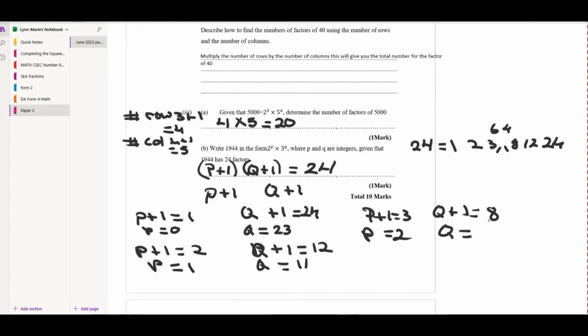Equals to 8, so Q is equals to 7. Then we have P plus 1 is equals to 4, and Q plus 1 is equals to 6. So P is equals to 3, and Q is equals to 5.